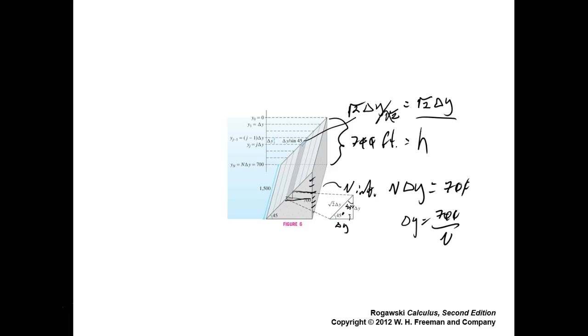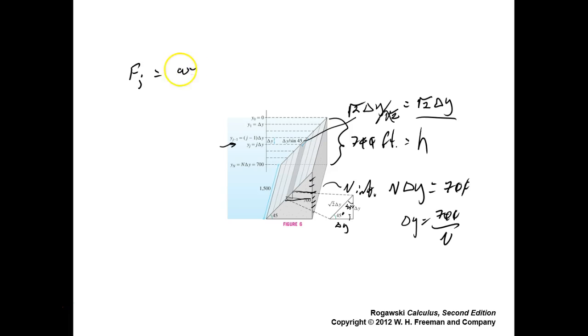So your force on a given strip, F sub j, on the jth strip here, is going to be your pressure times the area. Where the pressure is your weight density, and that's what they're calling W here.